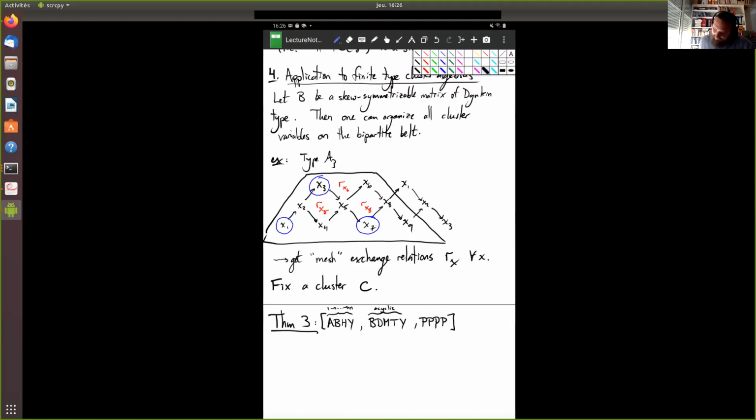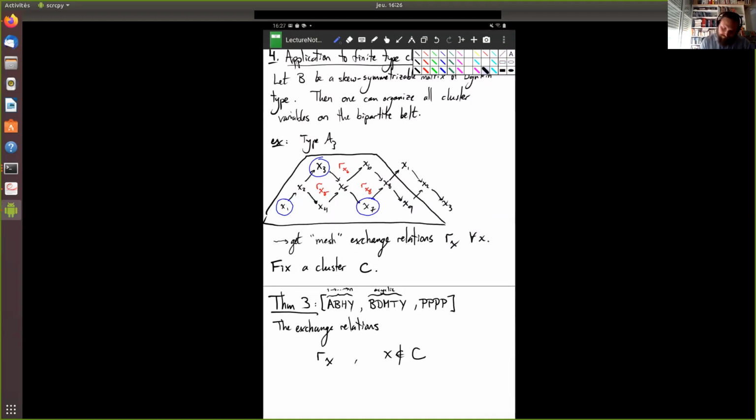So if you fix the cluster just as above, then the exchange relations for x not in your initial cluster non-negatively generate all other G-vector relations.